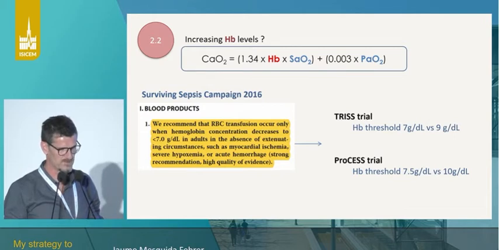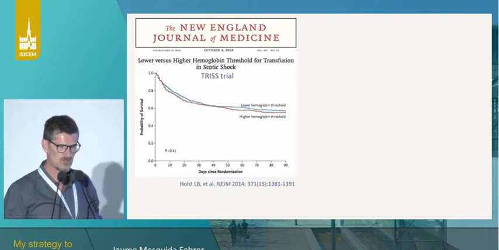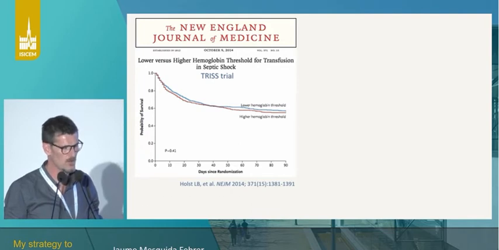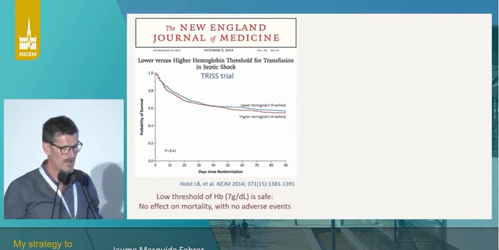There was 7.5 of hemoglobin versus 10. So I'll show you just the results of the TRICS trial. No difference in outcome derived from the restrictive, low hemoglobin threshold. And importantly, with no adverse events like strokes or myocardial ischemia.